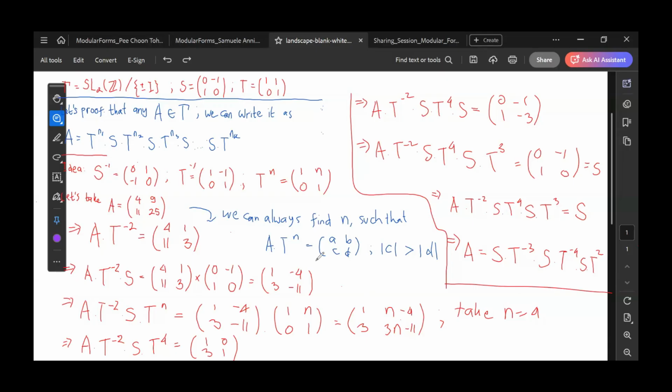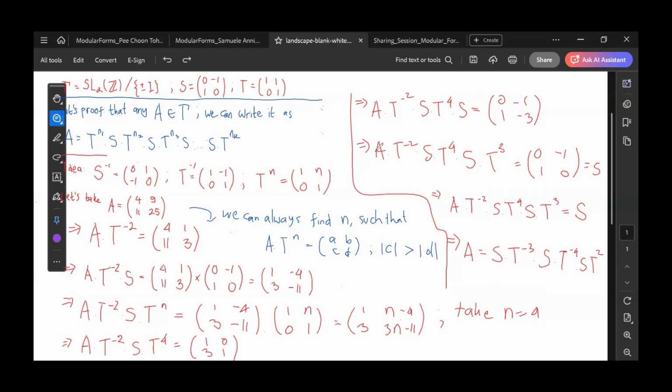Have some time to screenshot or write this down. Okay. So we have proved that gamma can be generated by S and T.